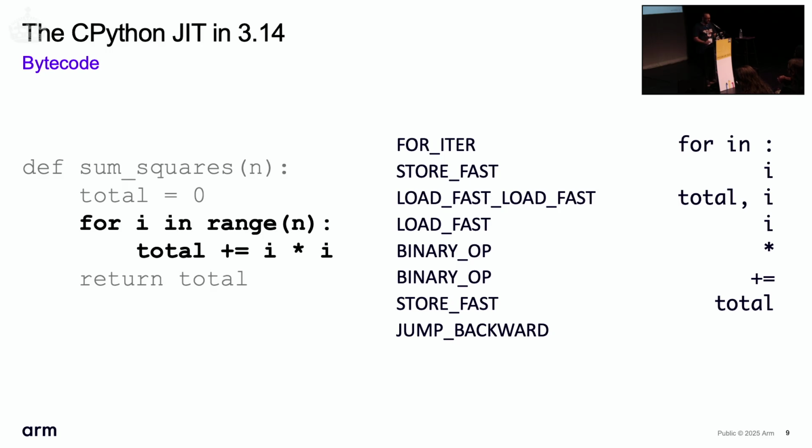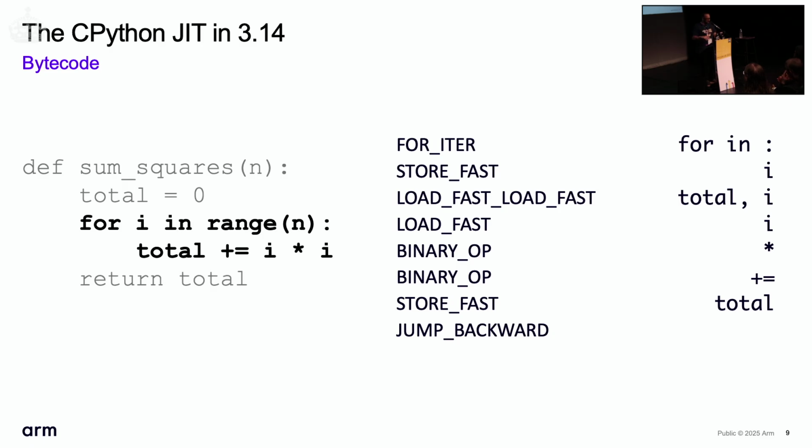So let's focus on the for loop. This is the respective bytecode for the specific for loop. It's not for the entire function, but just for the for loop, before any specialization or tracing happens. The compiler emits general-purpose opcodes like FOR_ITER, which controls the loop over the range, and LOAD_FAST for loading variables like i and total, and two generic BINARY_OP instructions, one for i times i and the other one for plus equal.